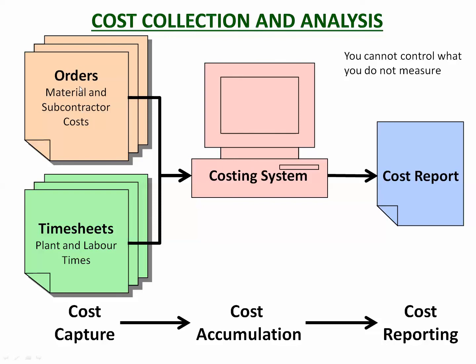And then what comes out of that is a cost report, which tells you for each work package how much you've been budgeted for, how much it's actually cost. And so you can look at those, compare what was budgeted and what was cost, and you can determine which of those work packages are doing well, making a profit, and which ones are doing badly.